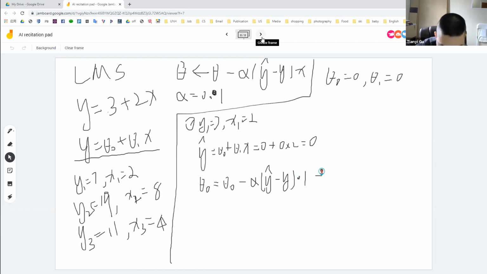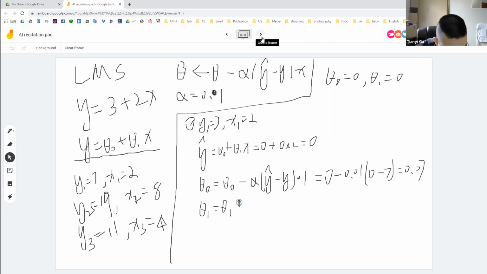So this is equal to 0 minus 0.01 times y hat minus y. Y hat is 0, y is 7, which is 0.07. So that's updated theta 0 by reading in one data point. And then we update theta 1. For you guys, you have to update whatever, 197 thetas.